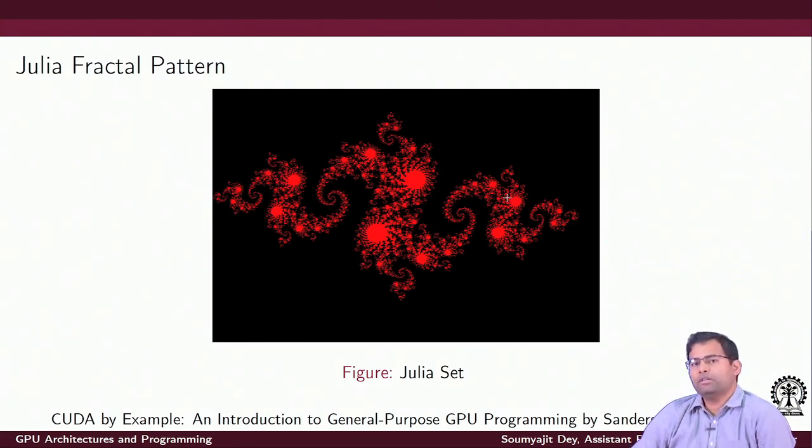First, we had the matrix multiplication program. As we discussed, there is a lot of parallelism because I can compute each of the matrix entries in parallel. Similarly, in the Julia fractal case, I am trying to take a membership decision about each of the pixels in the display, and that also can be done in parallel.